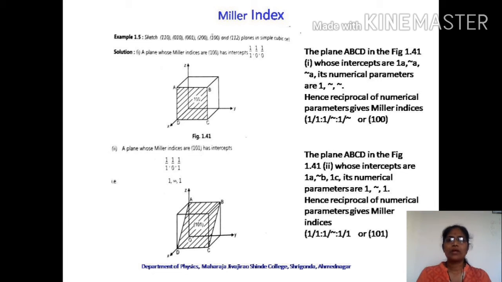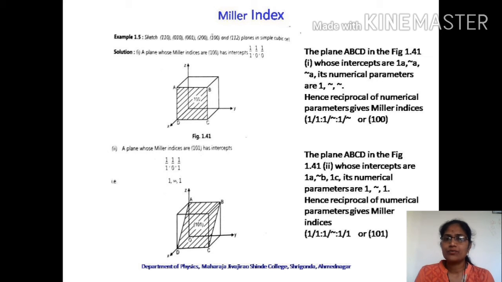Then next we have to draw a plane 101. Again we follow the reverse procedure: from the Miller index we have to find out the intercepts. Same procedure, we take the reciprocal of 101.